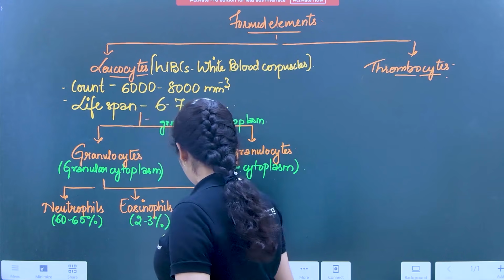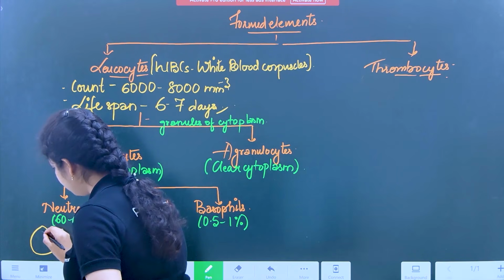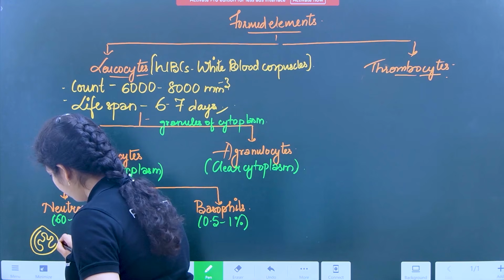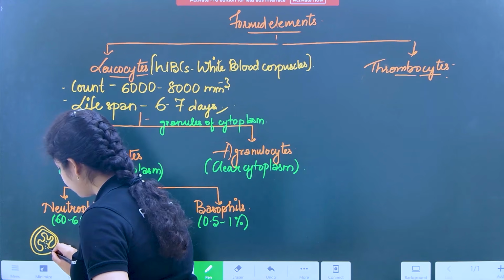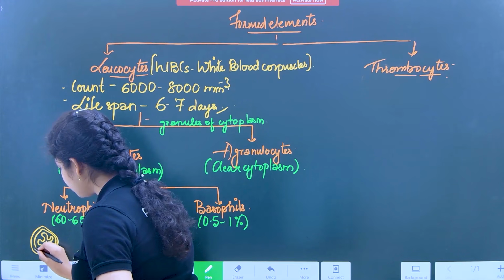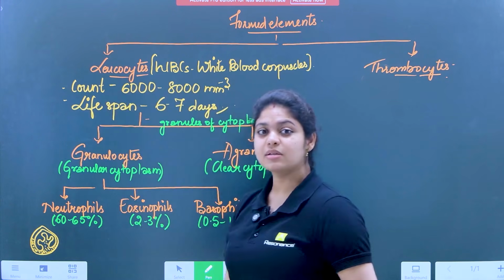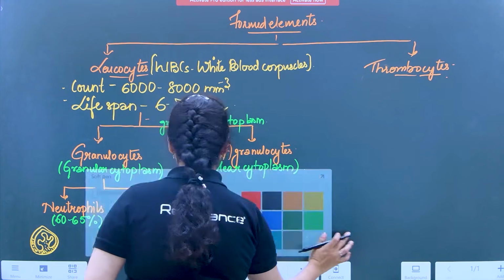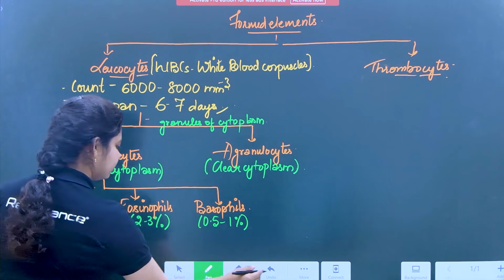The cell is like this. This is a neutrophil. This neutrophil has a multi-lobed nucleus. And obviously, because it is a granulocyte, the cytoplasm is having certain granules.